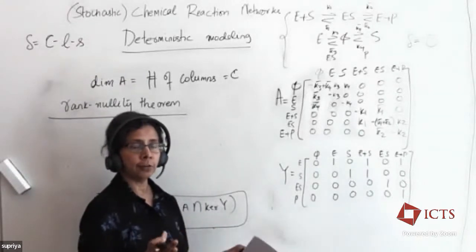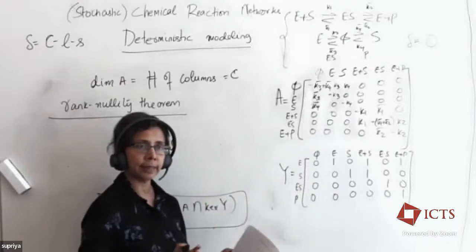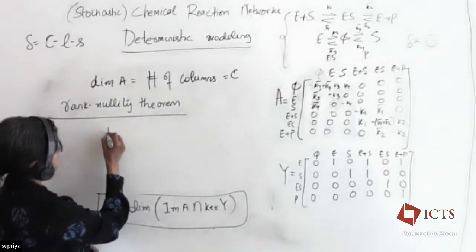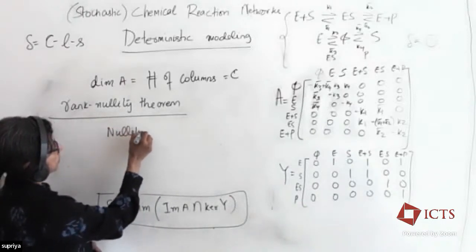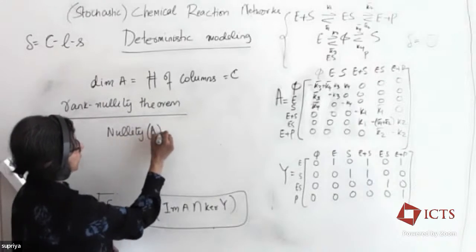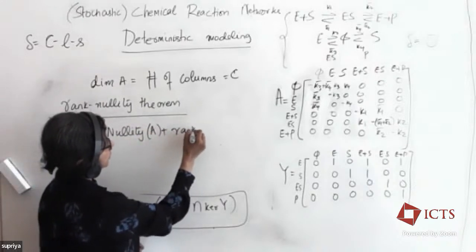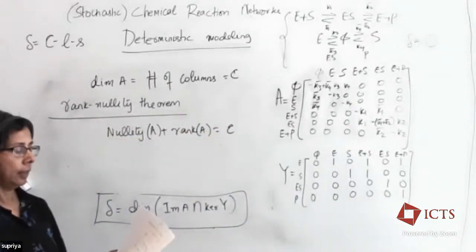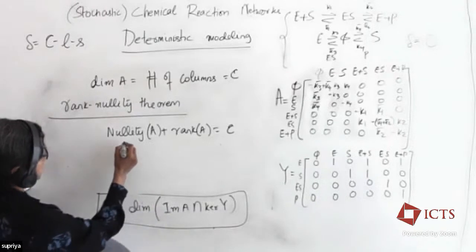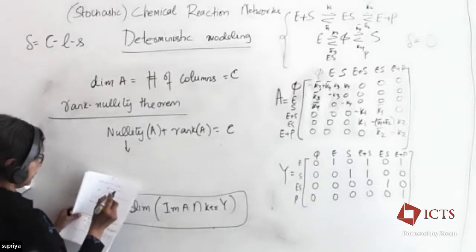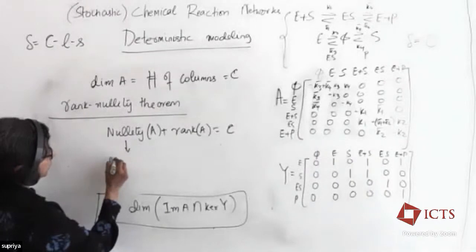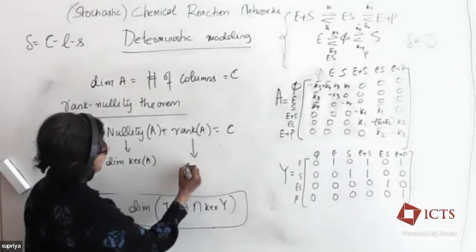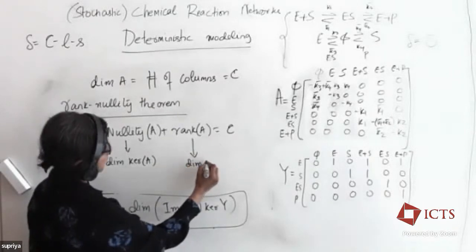It can be said quite generally for vector spaces, but let's just be a little bit more lowbrow and just think of our matrices. Nullity A plus rank A is equal to C. And what is nullity A? Nullity A is the dimension of the kernel of A, and rank A is the dimension of the image of A.